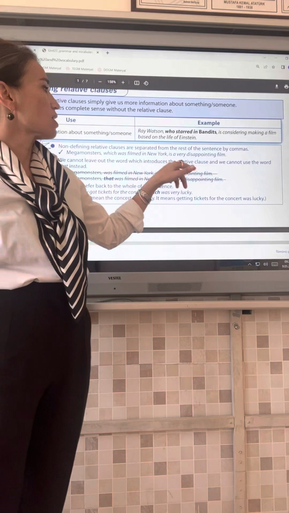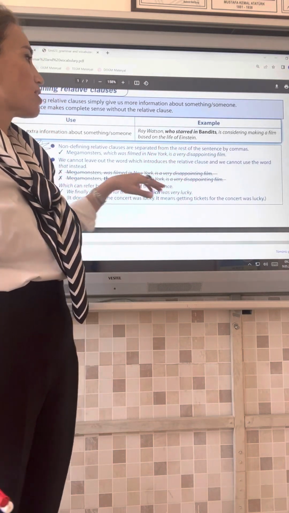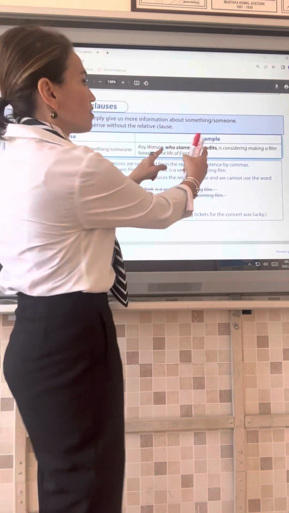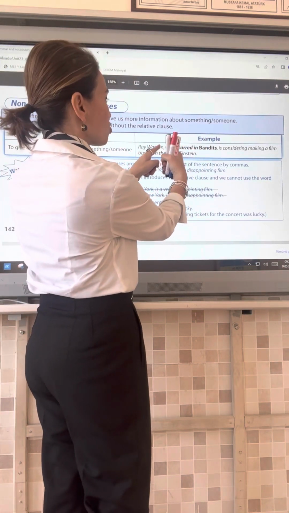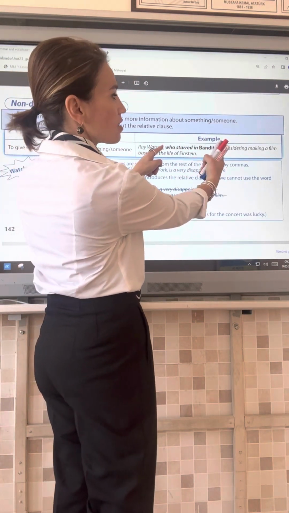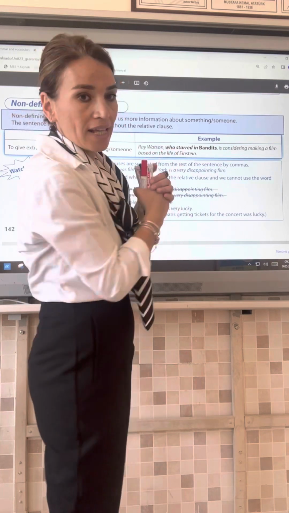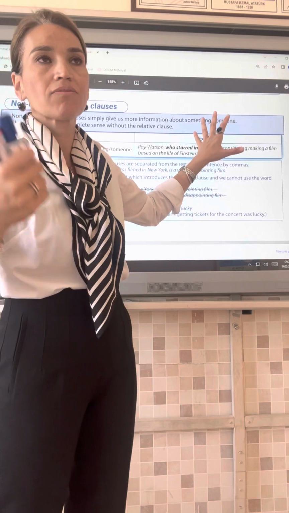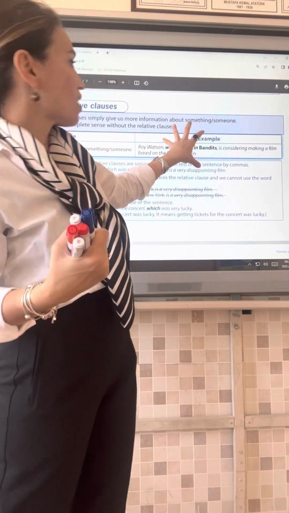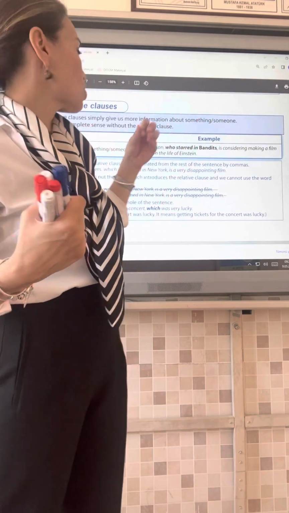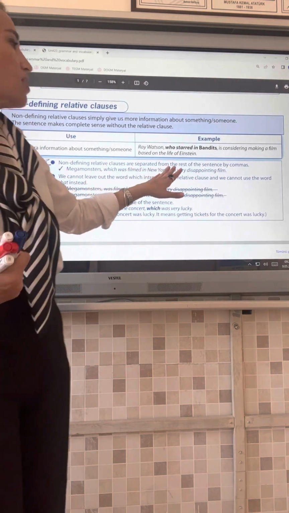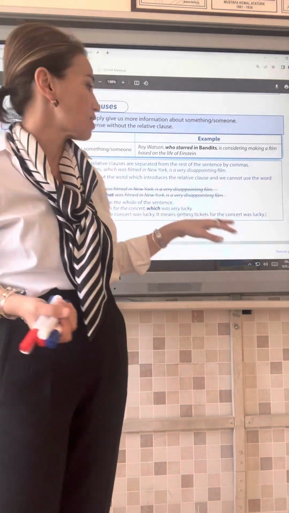Non-defining relative clauses are separated from the rest of the sentence by commas. You can see the commas here, right after Ray Watson and just before "is." As it is extra and not needed, you can take it out, so we should use the commas. Mega Monsters, which was filmed in New York, is a very disappointing film.